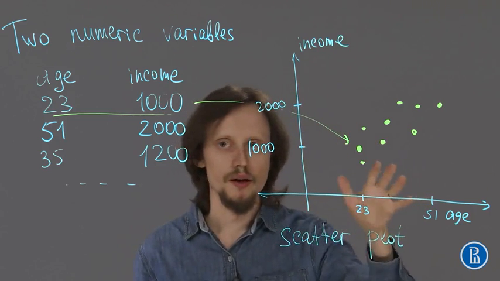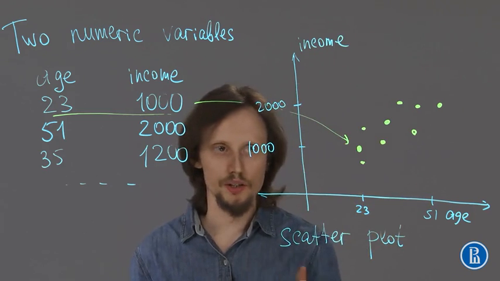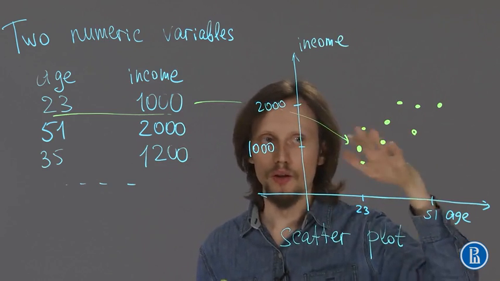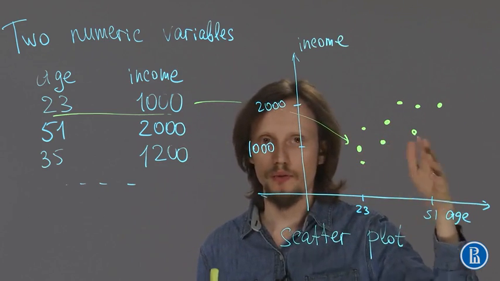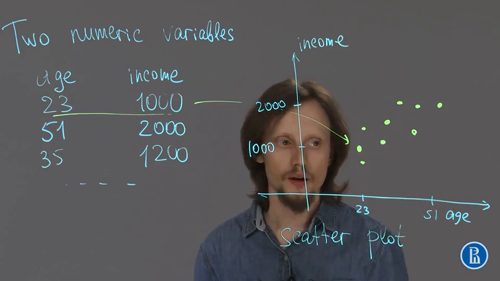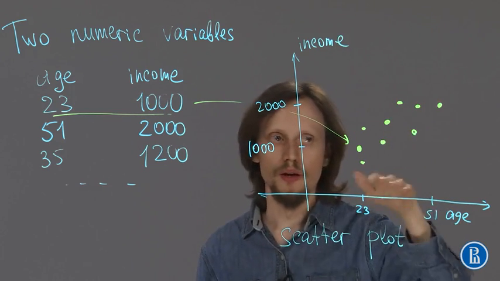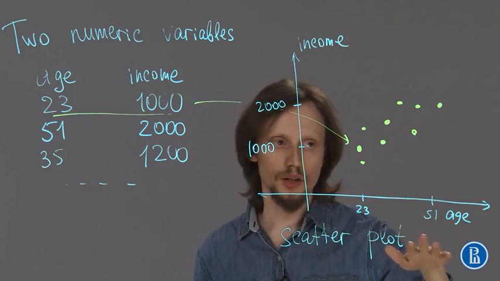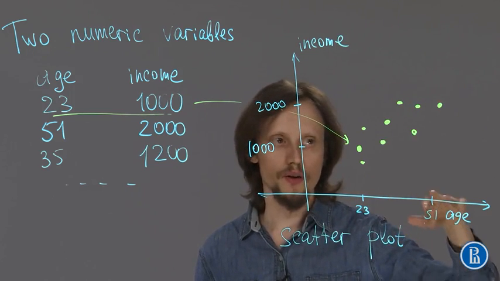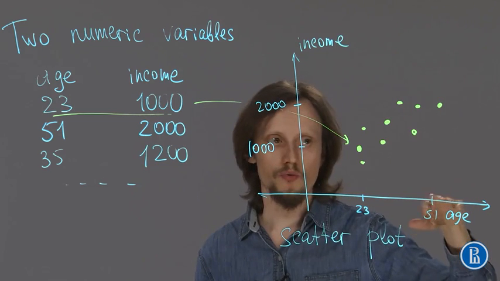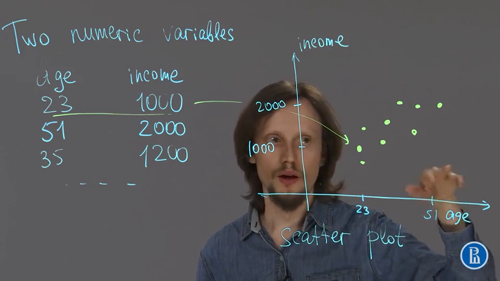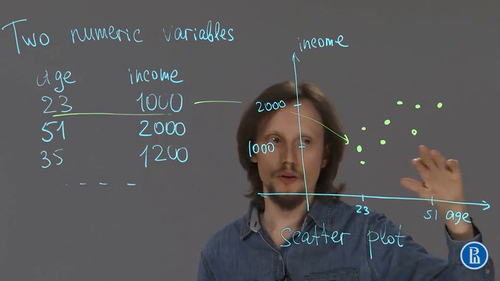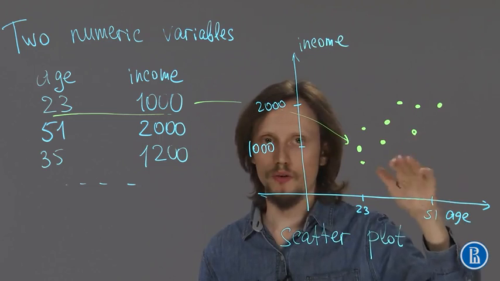The scatterplot allows us to estimate some regions where we have a lot of points and regions where we have a small amount of points. For example, if we assume that this data is correct, we see that there are very few people of age about 51 who earn less than 1000. So we have no points here.